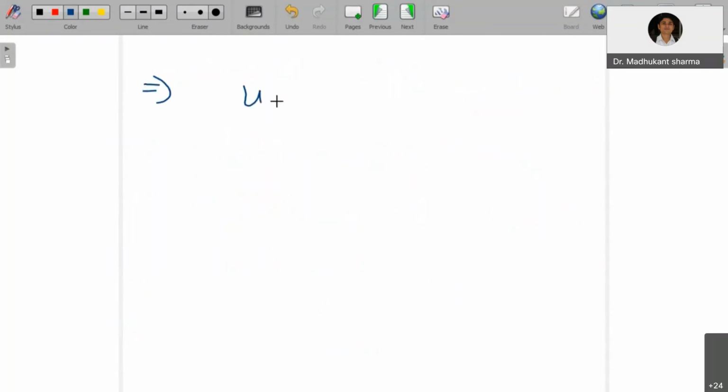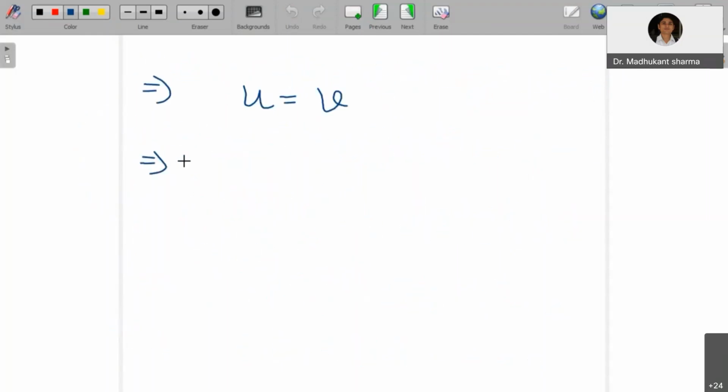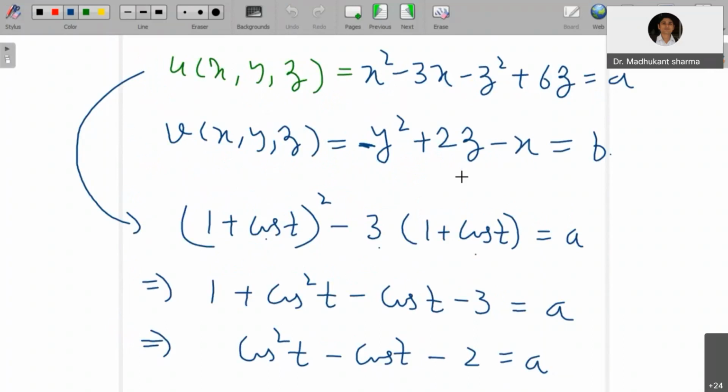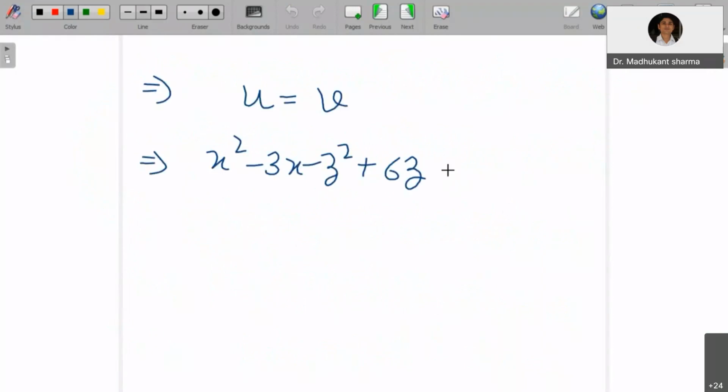This implies u equals v. So u is x square minus 3x minus z square plus 6z, and v is minus y square plus 2z minus x.